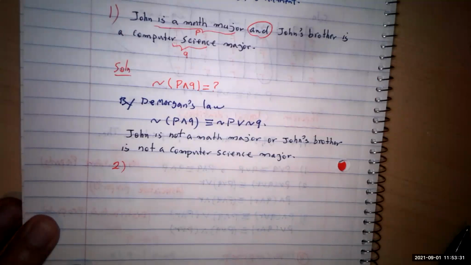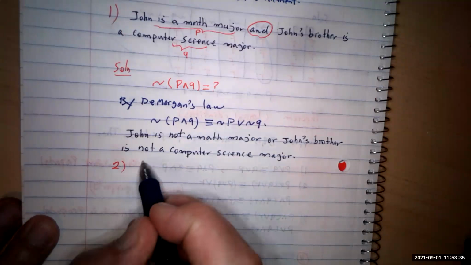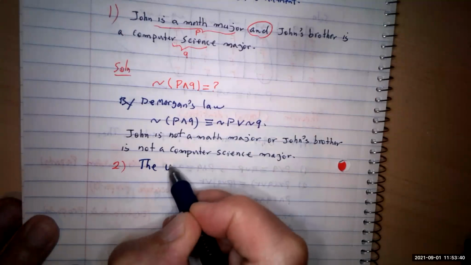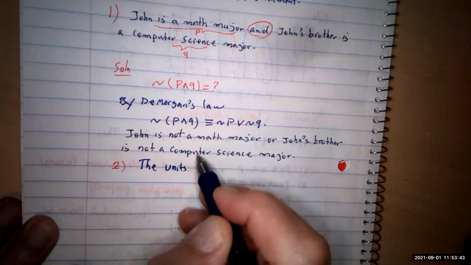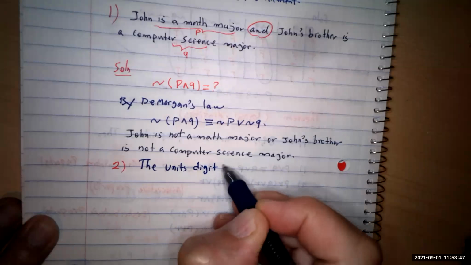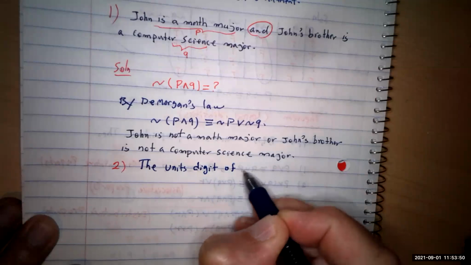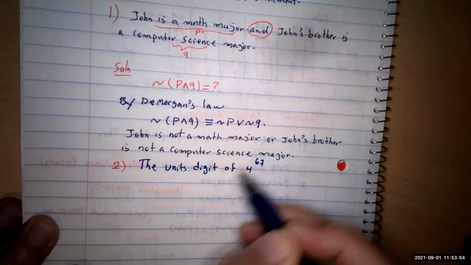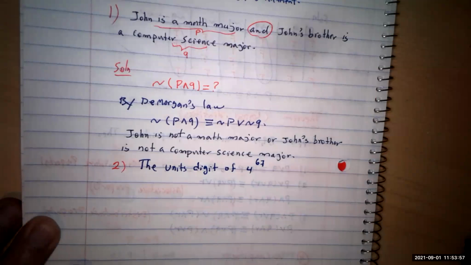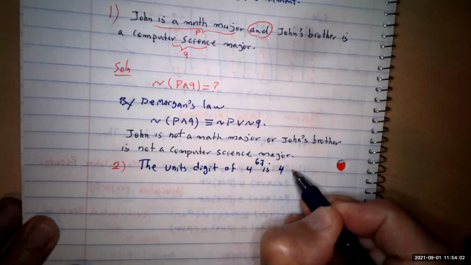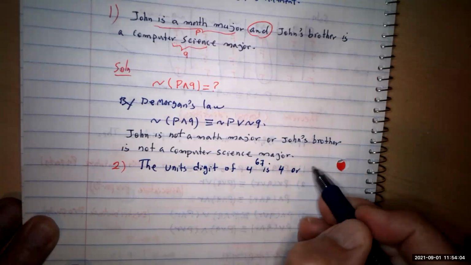Ready for the second one? The second one is this one: the unit digit of this number, 4 to the 67, is 4 or it is 6.